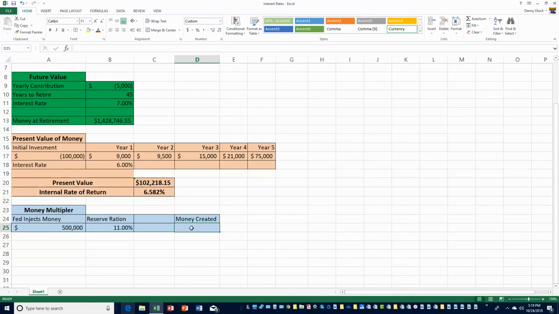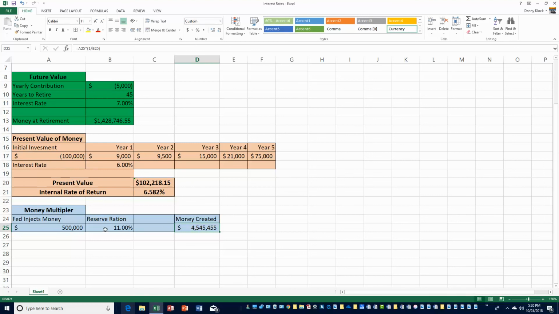So when the Fed puts money into the system, it depends on the reserve ratio. The formula is a simple one: the money injected times 1 divided by the reserve requirement. So the $500,000 the Federal Reserve puts in the system creates $4.5 million in the system.